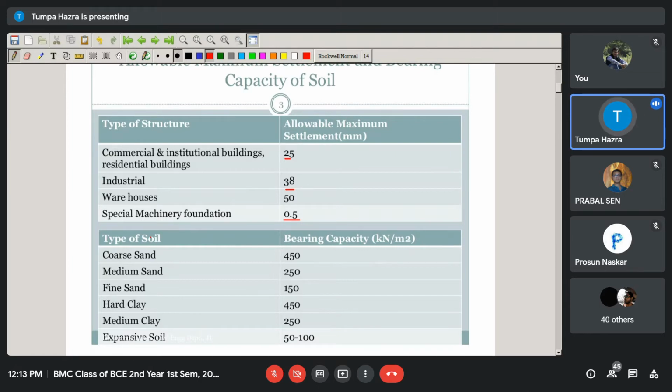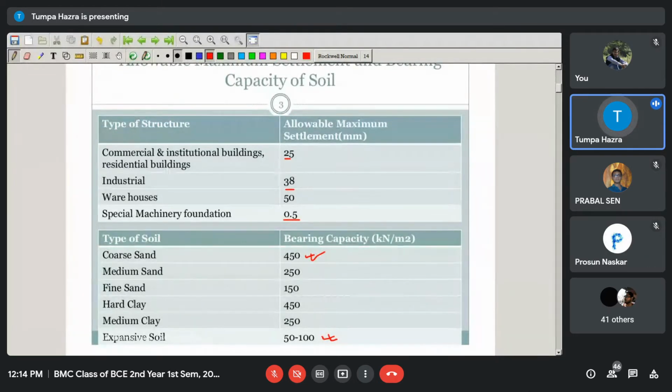Okay. And here also you can see that depending on the type of soil, whenever you read soil mechanics in your other semesters, then you will find that soil may be of different types. For example, coarse sand, medium sand, clay, expansive soil, etc. And here you can see the bearing capacity is highest for the coarse sand and lowest for the expansive soil, around 50 to 100 kilonewton per square meter.